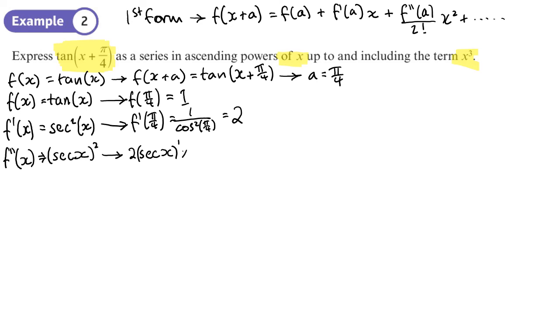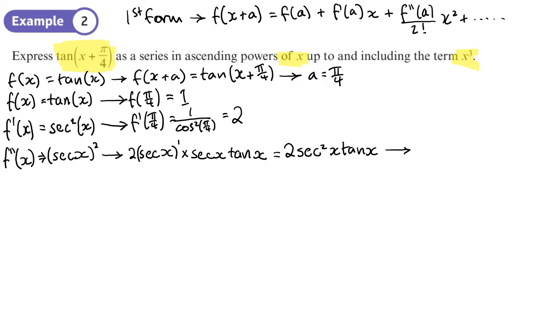Then multiplied by sec differentiated. Now sec, again, that's also in the formula book, and sec differentiated will give you sec x tan x. So we're just using the chain rule there. Okay, so we'll tidy that up. So we'll actually have the second derivative as 2 sec squared x tan x.